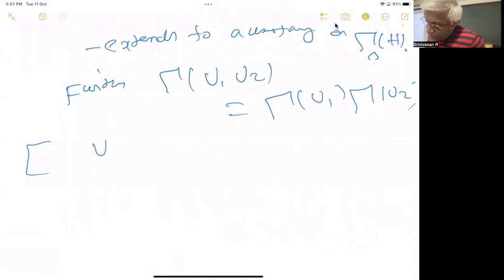U is unitary, this map. You have this. Okay, let me write the proposition.